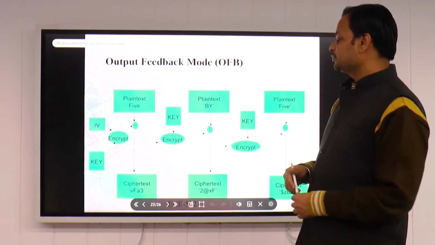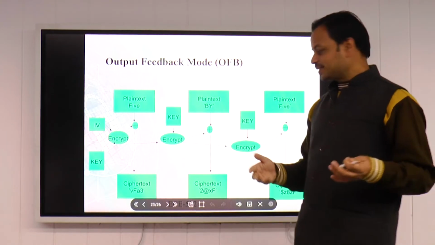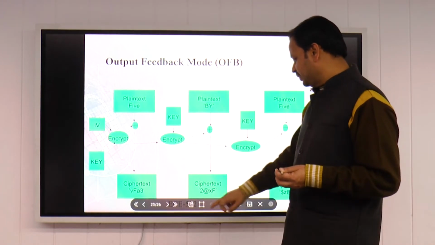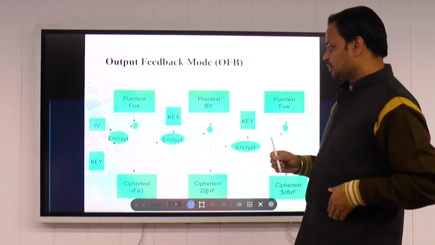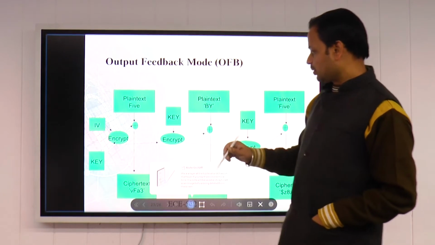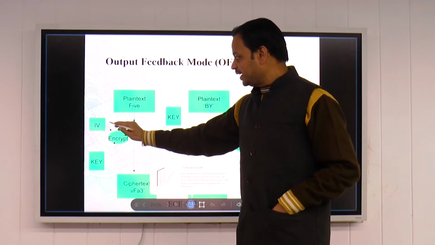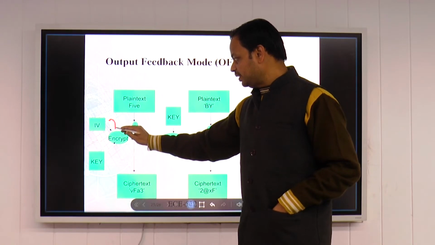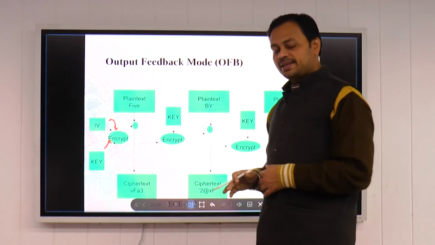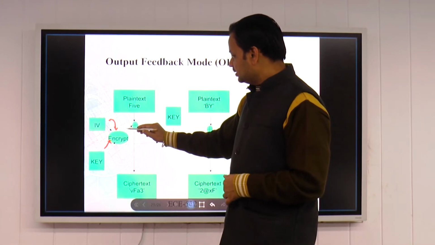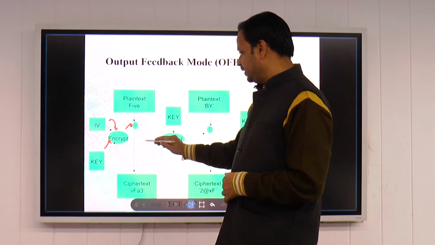And the last method is what we call output feedback mode. Now again, this is a small variation on the same example. Now see, what we are doing is the same as in the previous one: we are encrypting the initialization vector with the key. Then the output of this is XORed with the plain text.